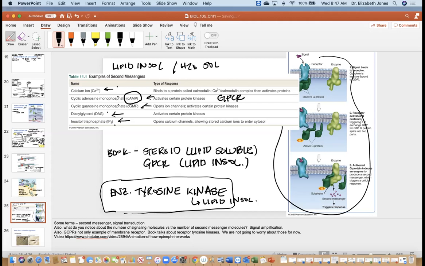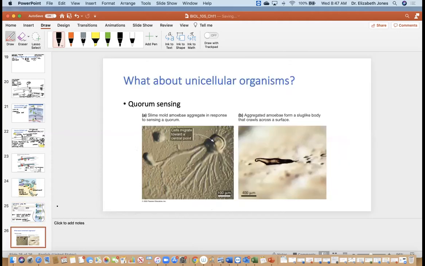All right, the last thing that I wanted to talk about, and I'm just going to mention it as something that you might discuss later on if you go on into microbiology. We've been talking a lot about how cells communicate in multicellular organisms, but let's focus for just a moment on how unicellular organisms communicate. So unicellular organisms are going to use some of the same concepts.